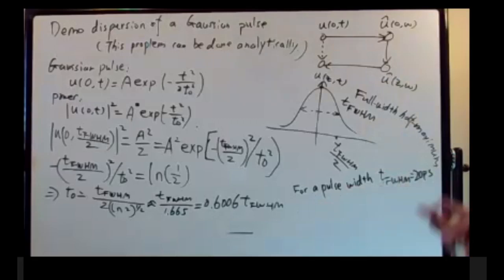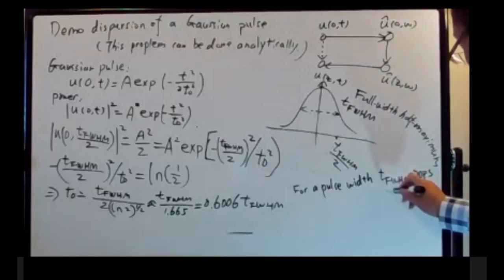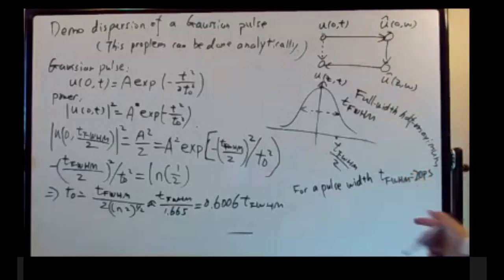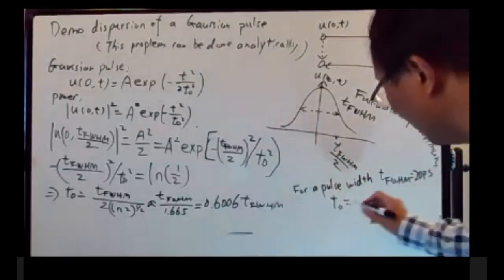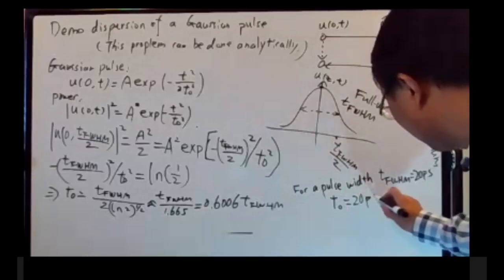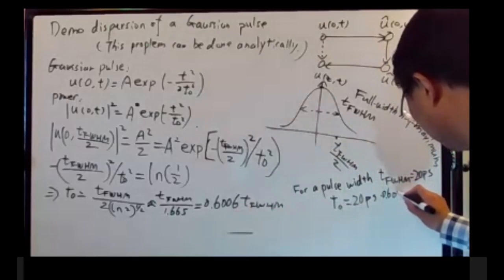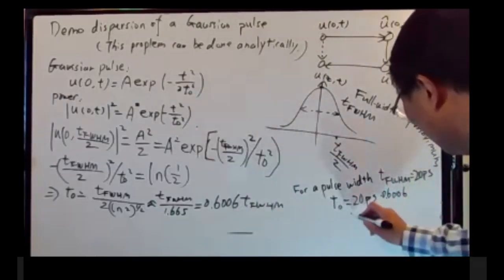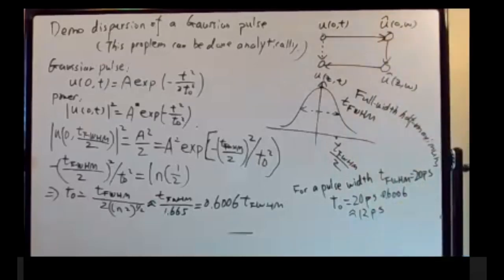You think it's nanosecond and then below nanosecond. Picosecond is 1/1000th of a nanosecond. So it's quite small, right? So T full width half maximum is 20 picoseconds. How much is T naught? T naught is going to be 20 picoseconds times 0.606, which is approximately 12 picoseconds.